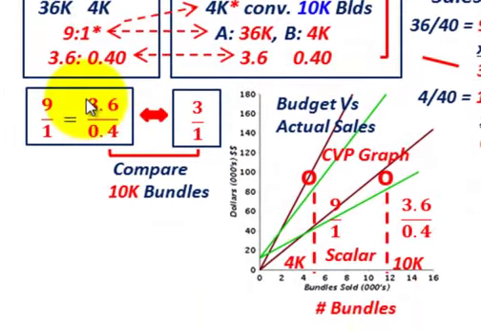And that 9-to-1 sales ratio equals our 3.6 to 0.40 sales ratio. Now we can make our comparison of the 3-to-1 ratio to the 9-to-1 by going to the 3.6 to 0.40, and that's where we can compare those 10,000 bundles.